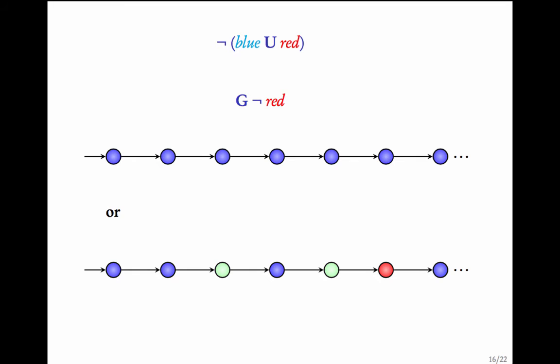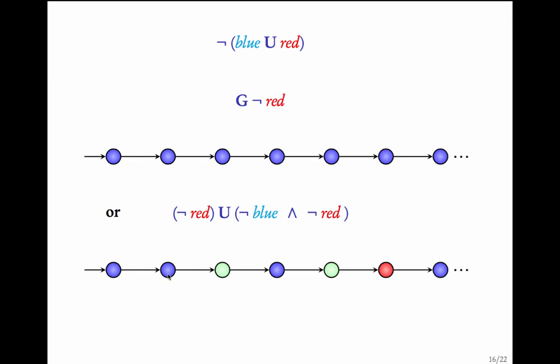Correct? So what does this translate to? Not red is true until a point where not blue and not red are true. Okay? This is the first point where red was there. Before that itself, blue should be away. And in particular, this place does not satisfy blue and does not satisfy red as well.